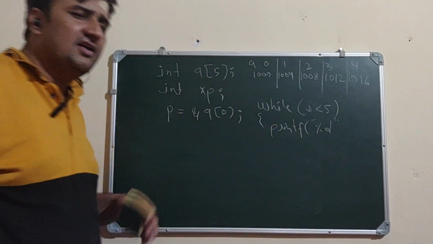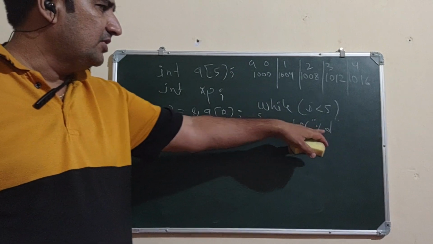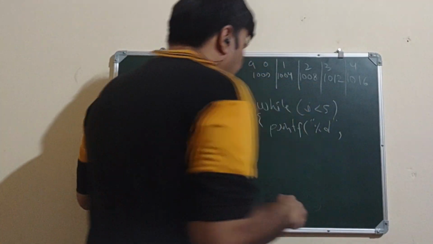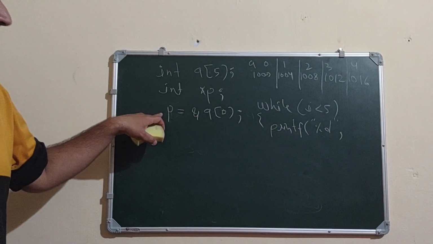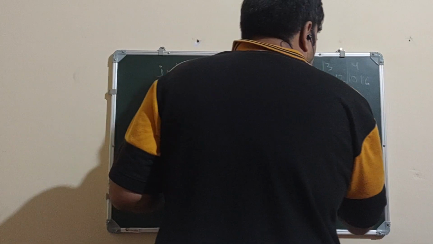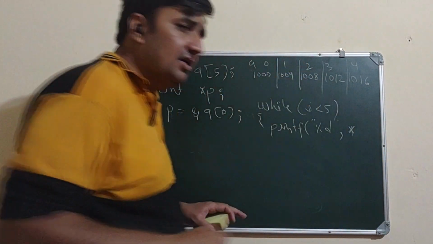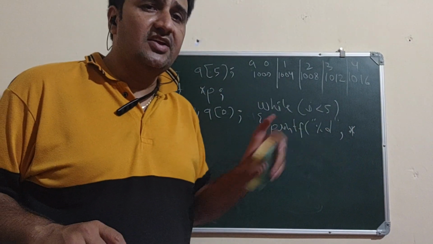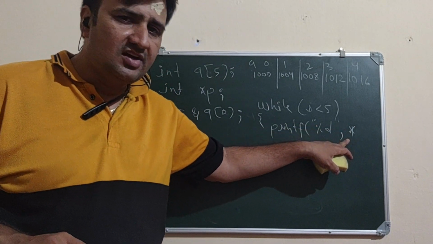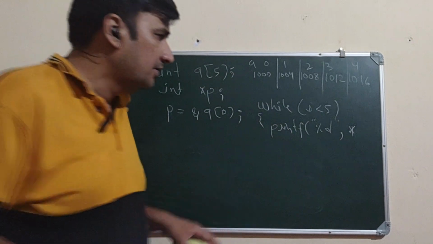Percentage d is indicating we are printing a decimal digit, a decimal number. Now what we are printing is the content of p. That is, here we are going to write star. This star is a dereference operator, which means we should read it like content of p.